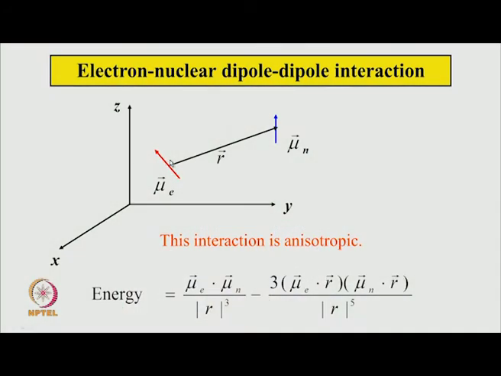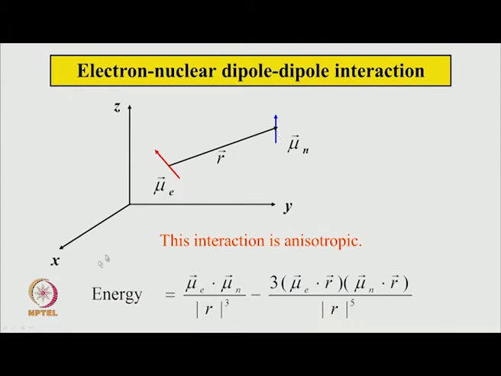This is, let us say, the direction of the magnetic dipole moment of one, this is the direction of the other in a certain x, y, z coordinate system, and this is the distance between the two. The energy of these two magnetic dipoles depends on the orientation of these two dipoles. In fact, it is the relative orientation of them that matters.